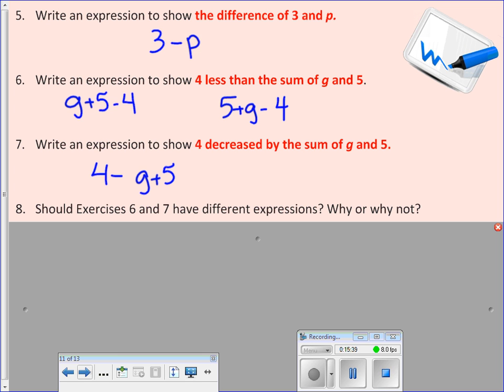I need the parentheses now because otherwise I would subtract first. I don't want to subtract first. I need that sum. It says to subtract the sum. So those parentheses are screaming, hey, you gotta add first. Absolutely. Good thinking. Very good.